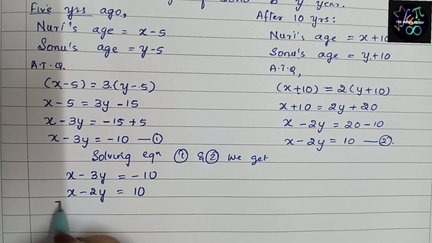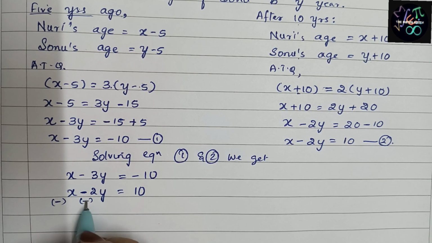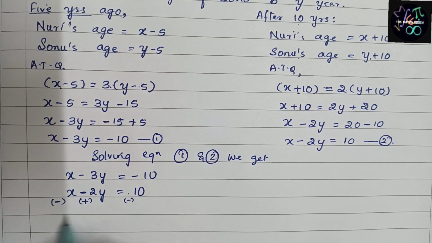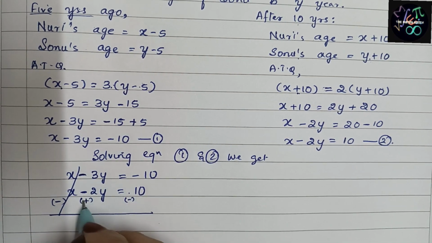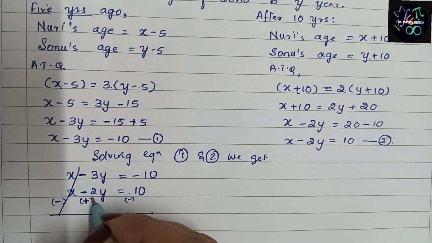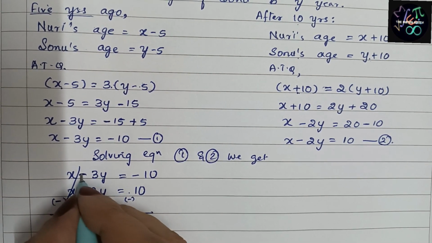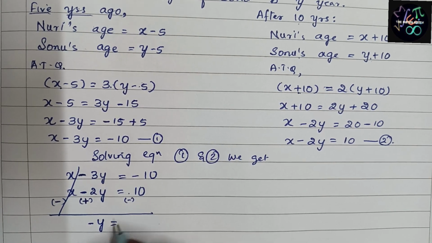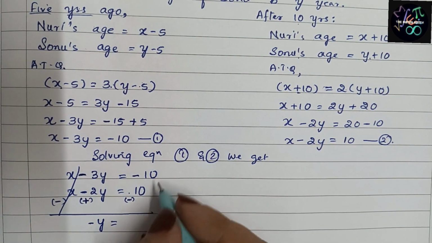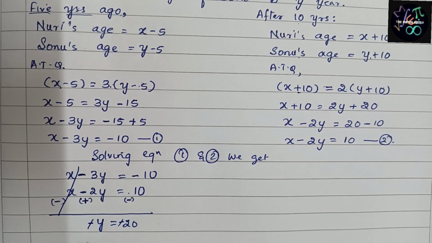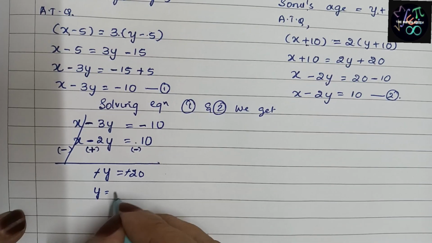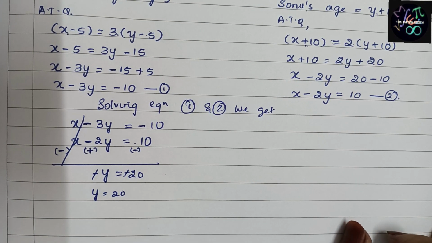So we will change the sign. This minus will become plus and this plus will become minus. I have changed the sign. x gone, eliminated. Minus plus, we have to do minus. 3 minus 2 is 1y, but bigger number sign is minus, is equal to, both minus means we have to do plus. 10 plus 10, 20, but sign is minus. Minus minus got cancelled. y is equal to 20.